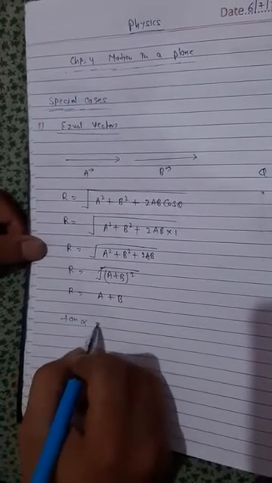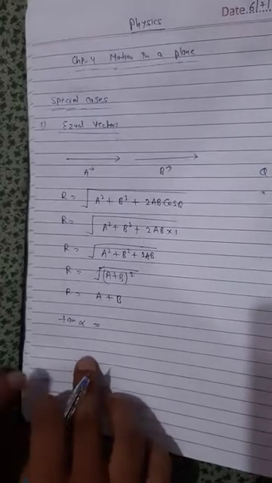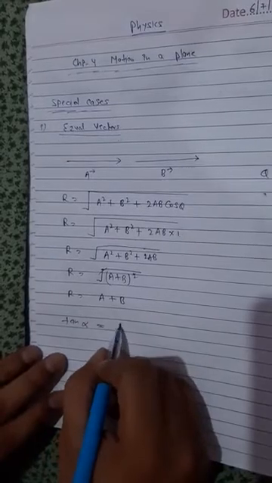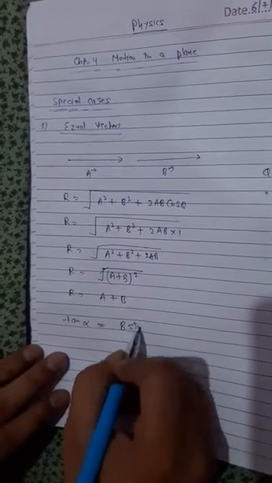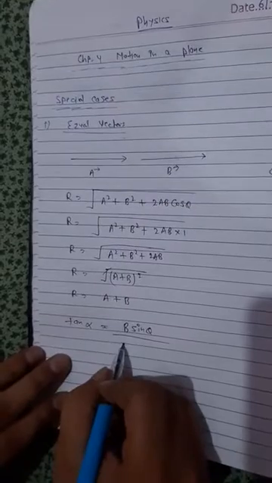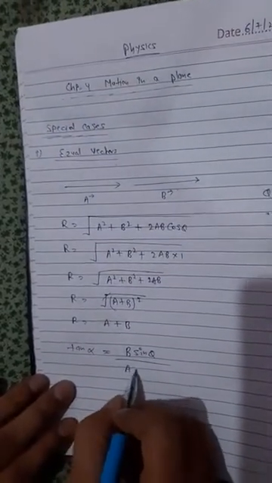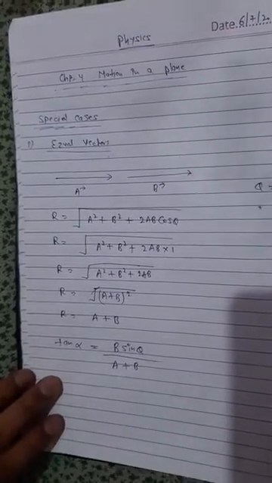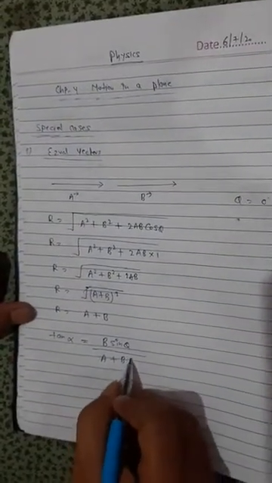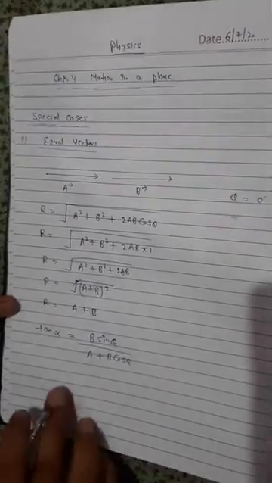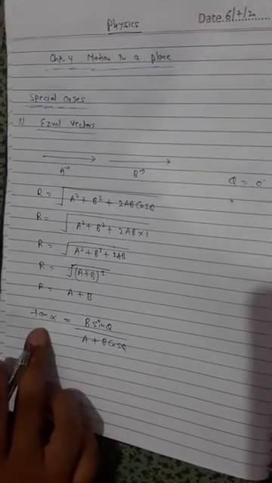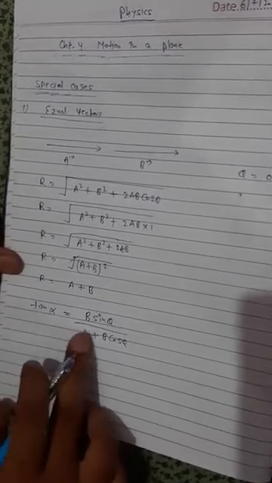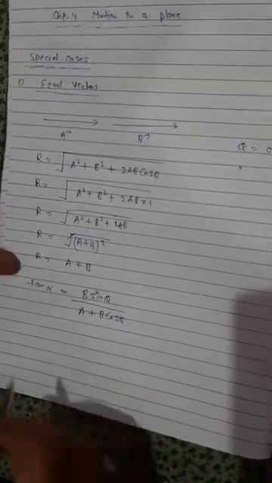And in the previous video we also found tan alpha, that is the angle of the resultant vector: tan alpha is equal to b sin theta upon a plus b cos theta.